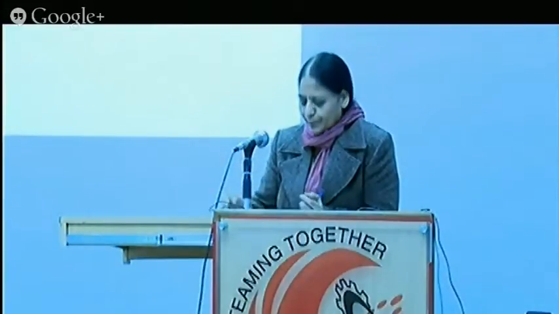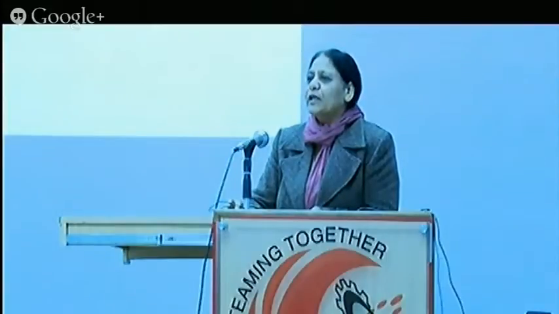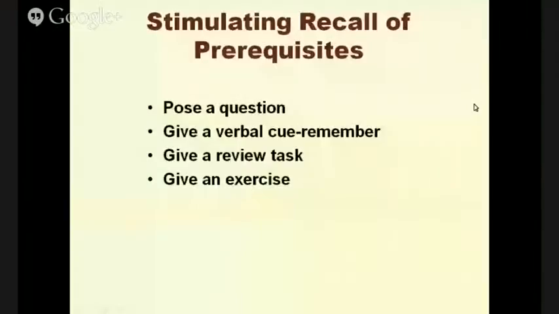That will help you in relating the new information with what a student already knows. Right? आसान हो जाता है ना सीखना. तो इसके लिए stimulating recall of prerequisites is an important event of instruction.